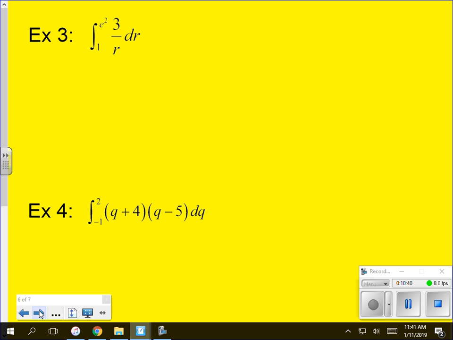Okay, ooh, this is the fun one. The integral from 1 to e squared of 3 over r dr. Well, here's something to make this one easier to do.